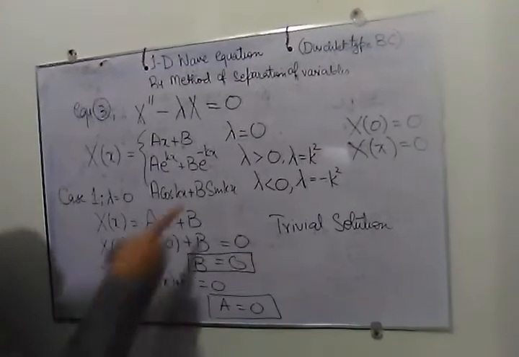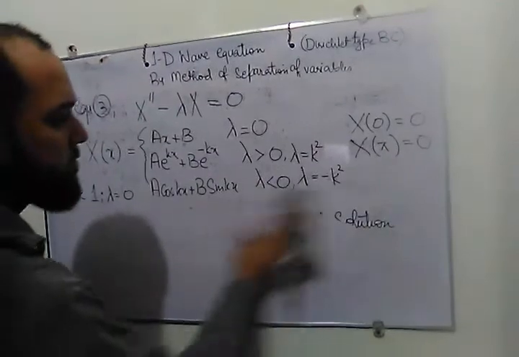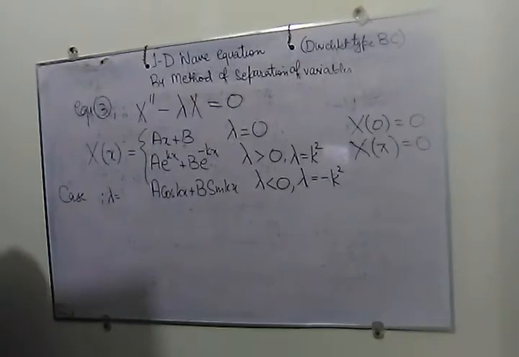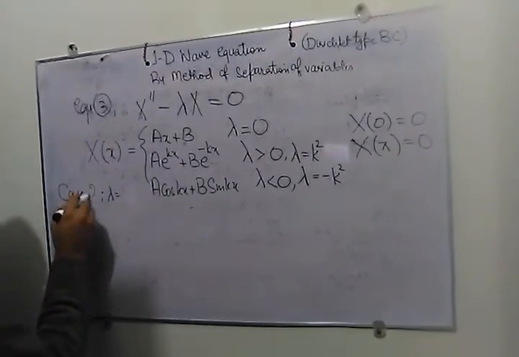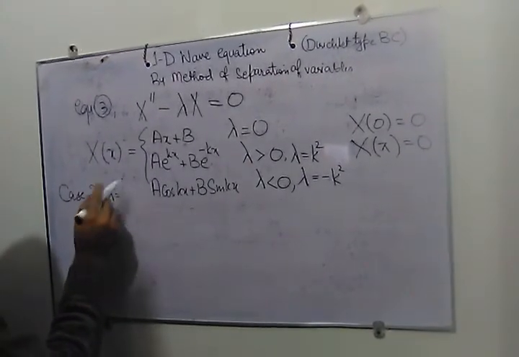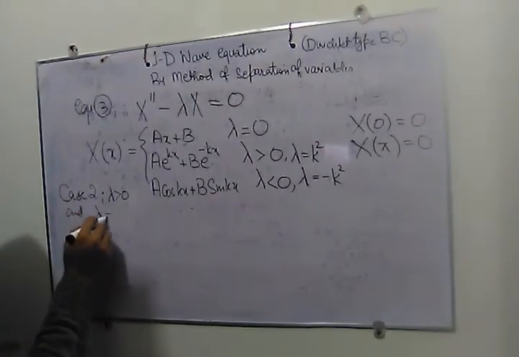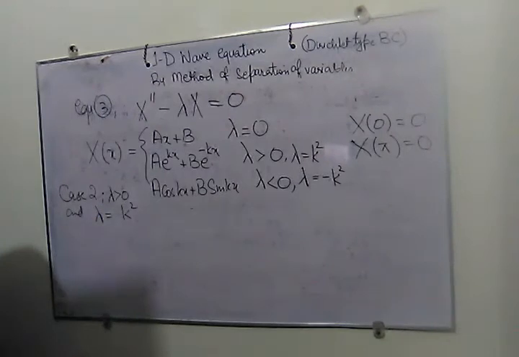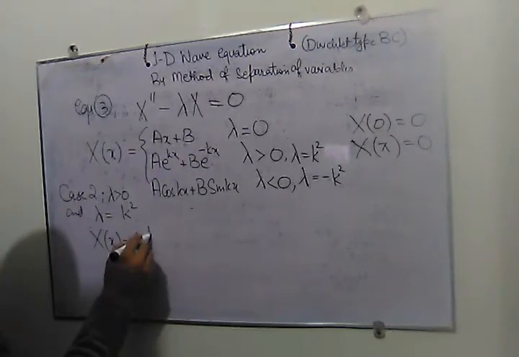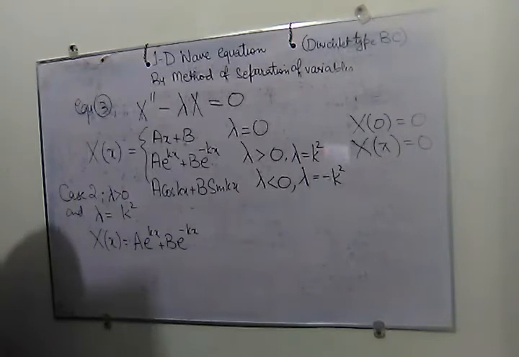Now we check the second case in which lambda is greater than 0. So we check case number 2, that is lambda greater than 0, and we call lambda equal to positive k squared. In that case, the general solution becomes a e^(kx) plus b e^(-kx).